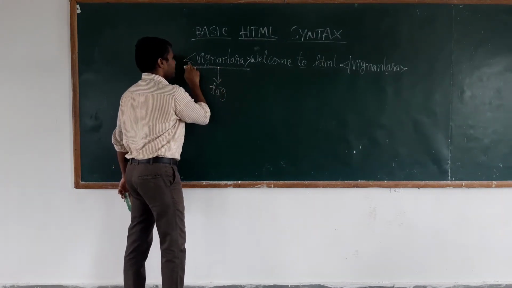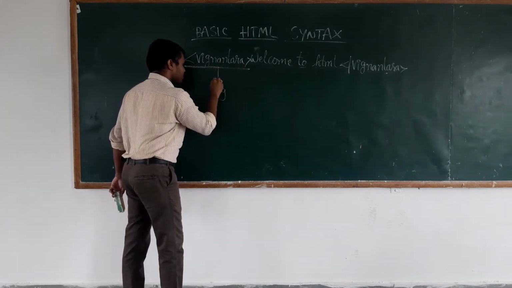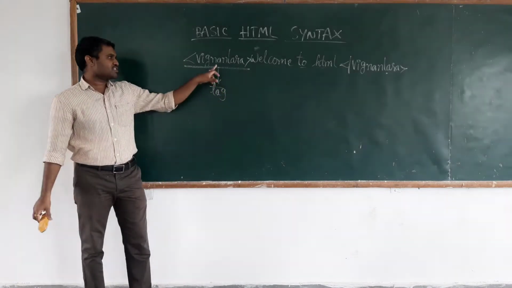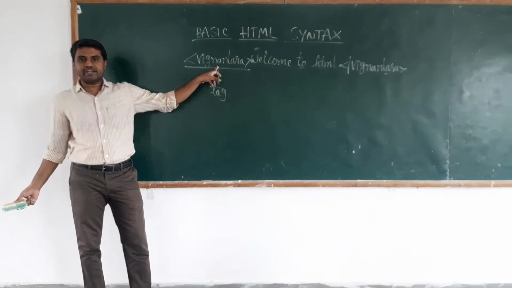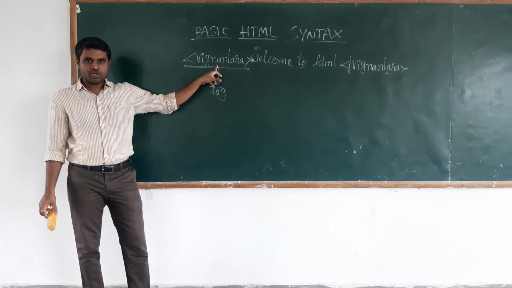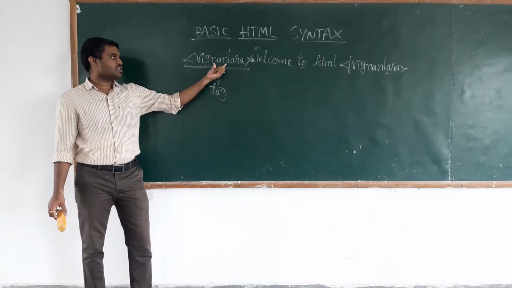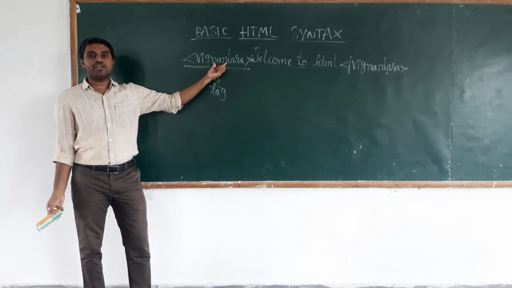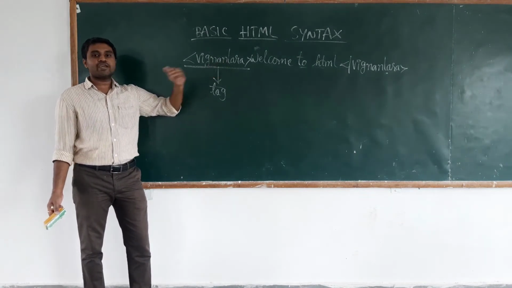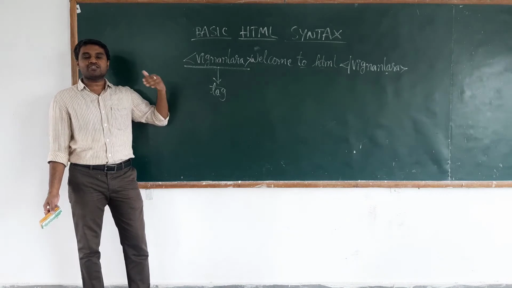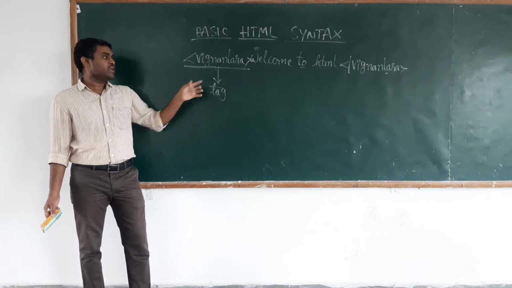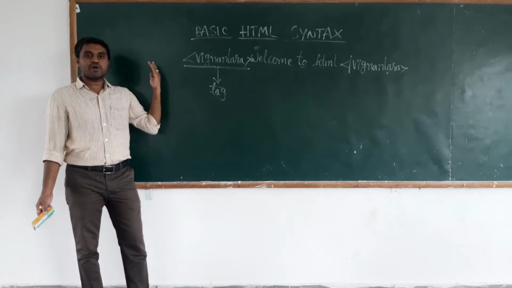Since Vignan Lara is not a predefined tag in HTML, it simply skips this tag. It will process the tag, but it doesn't know its meaning because it is not predefined and has no meaning in the HTML language.